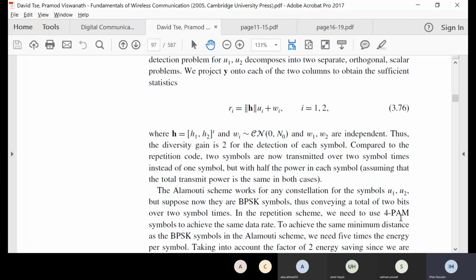So 4 symbols will require 2 bits. And it has a repetition code, so it sends once and then repeats in the next coherence time slot. So it is repeating those 2 bits again.